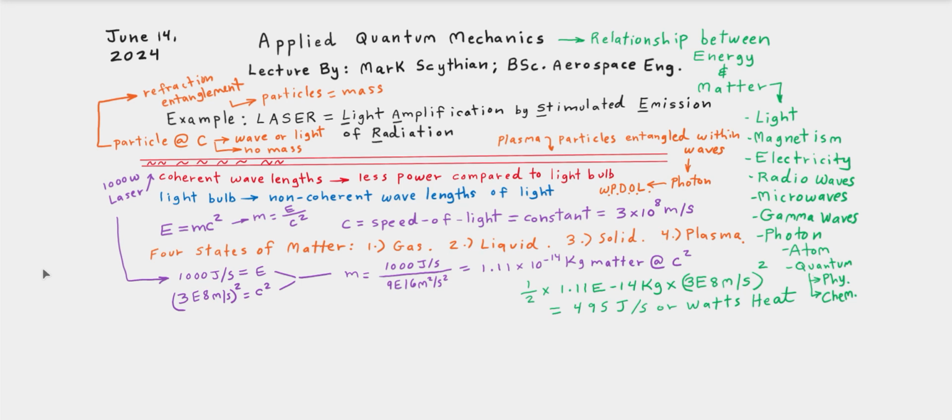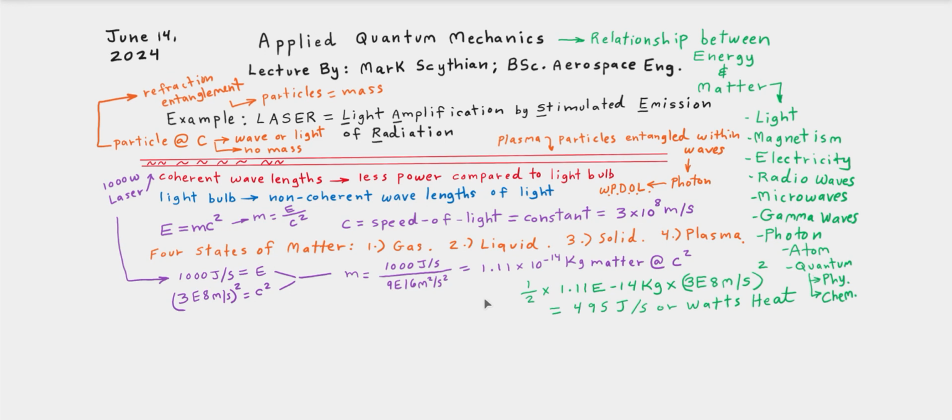Okay, so if we scale it down and enter a 1,000 joule per second function over the speed of light squared, which is what we have here in the multiplier tree, so then we have the 1,000 joules per second divided into 9 times 10 to the 16 power meters squared per seconds squared.